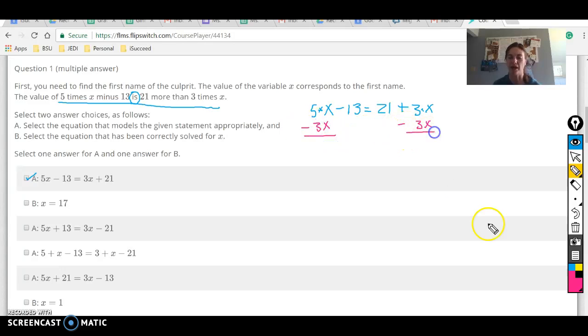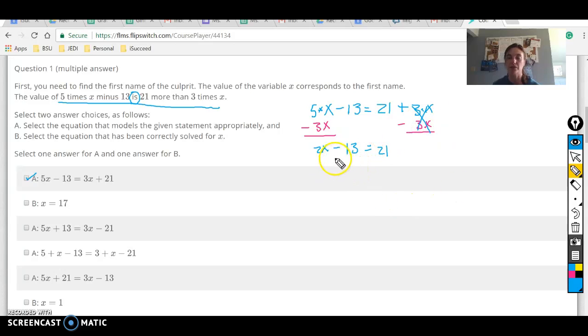When I do that, I get 2x minus 13 equals 21. I can do that because 3x minus 3x is 0x, so it essentially cancels out over here.